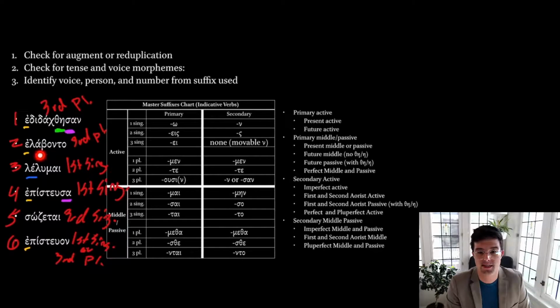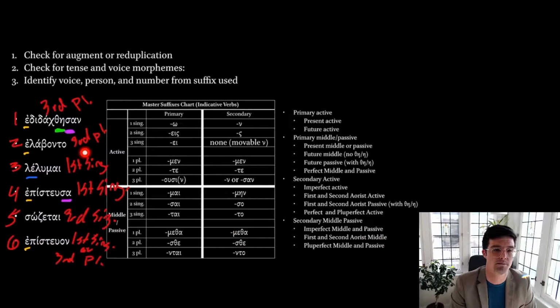That changed stem means it's going to be a second aorist middle. So we have an aorist, more specifically second aorist, middle indicative, third person plural. So that's going to be our parsing information for lambano. And so when we translate it, it would be they received.